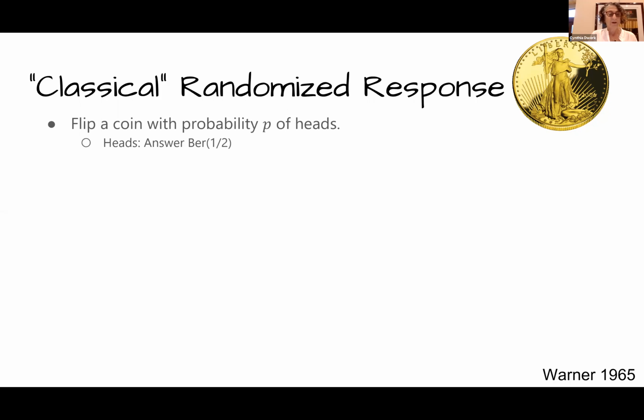So this is the classical randomized response protocol due to Warner. Flip a coin with probability P of heads. In Warner's example, P is equal to 1/2. So you could use a real coin to implement it. If heads, you're going to answer randomly. And if tails, you're going to answer honestly. Okay? So the privacy analysis is straightforward.